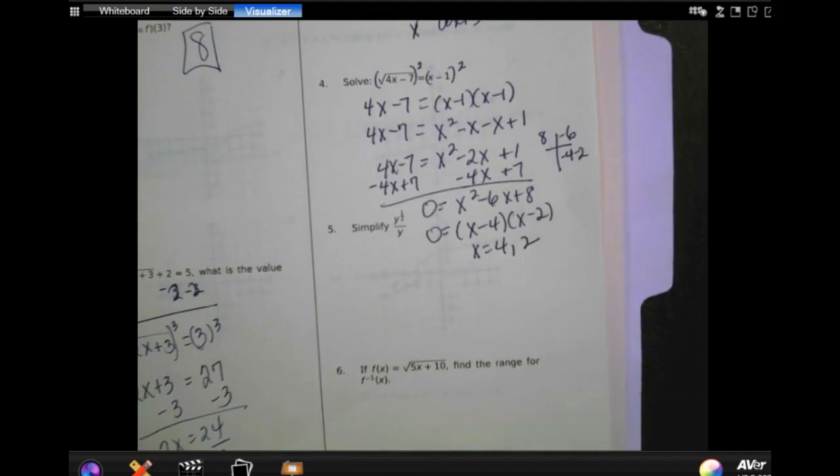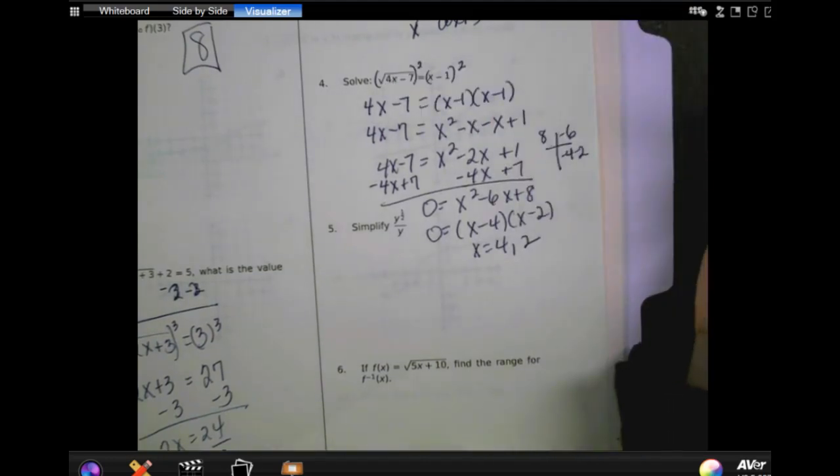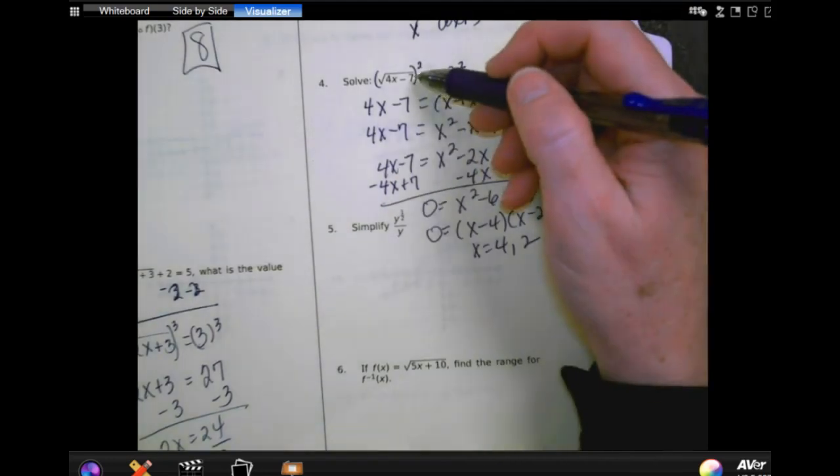Am I done? You have to check this one. And if you don't check this one on the test on Wednesday, sometimes one of them is not a solution. And you're going to get it wrong if you don't check. So if I put the 4 in here, 4 times 4 is 16 minus 7 is 9. What's the square root of 9?